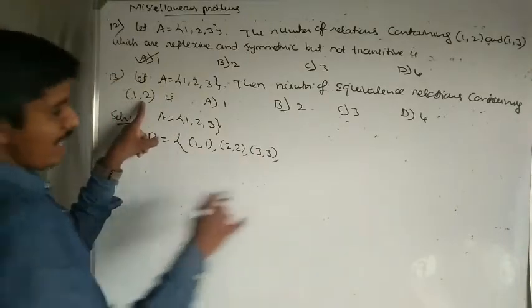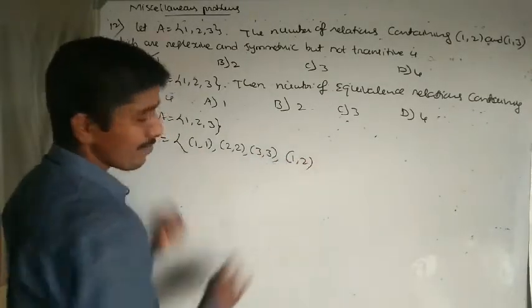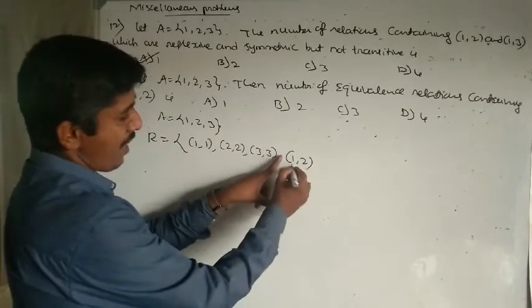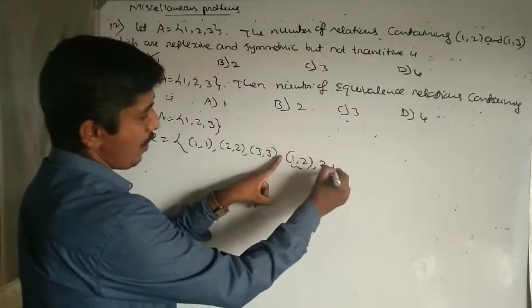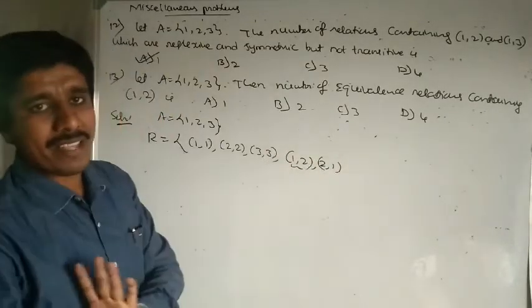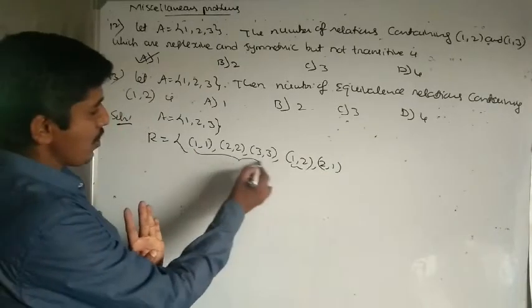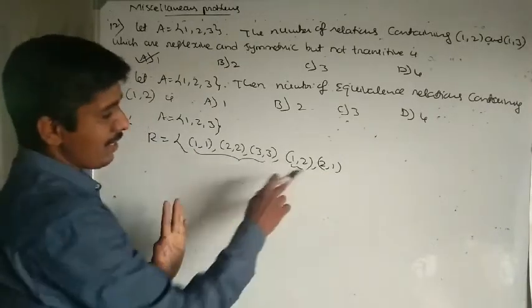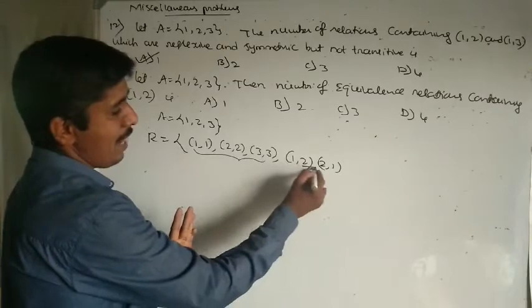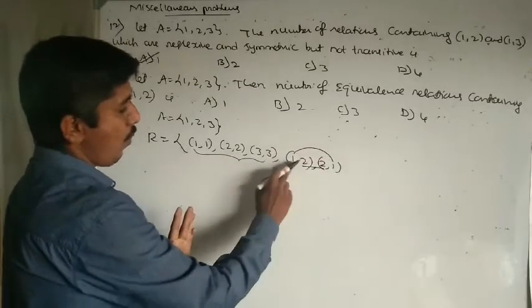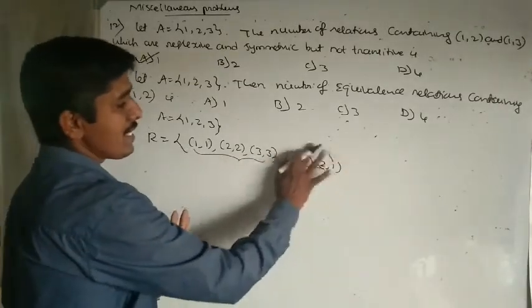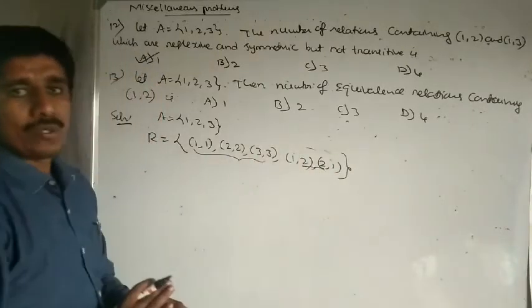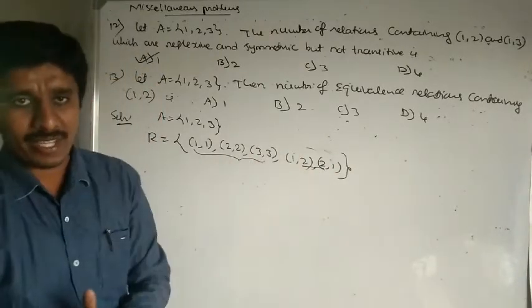But here it must include (1, 2). For it to be symmetric, you must include (2, 1). Is it an equivalence relation? Well, it is reflexive and symmetric. Is it transitive? Here the middle elements are equal, then clearly (1, 1) belongs to it, therefore it is transitive. Clearly it is an equivalence relation.